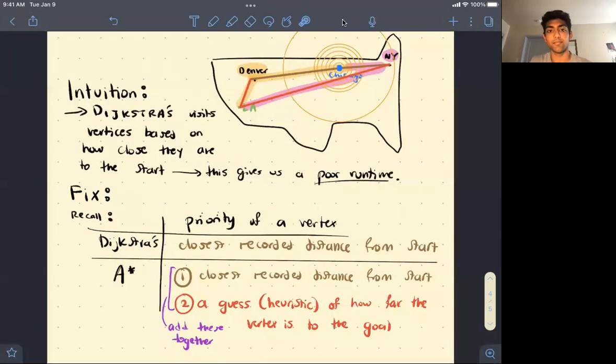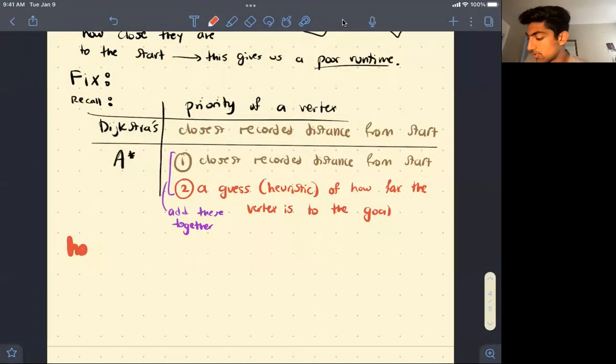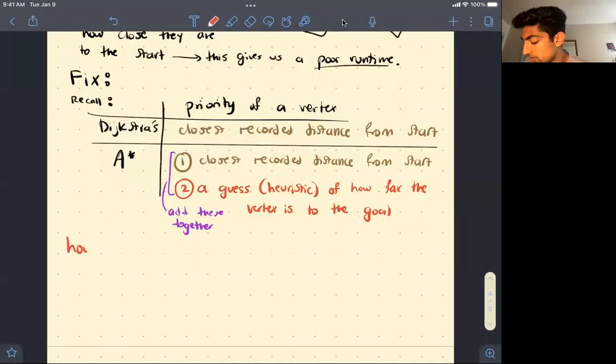All right. The next natural question to ask is, hey Soham, how did you make this guess? How do we come up with heuristics?